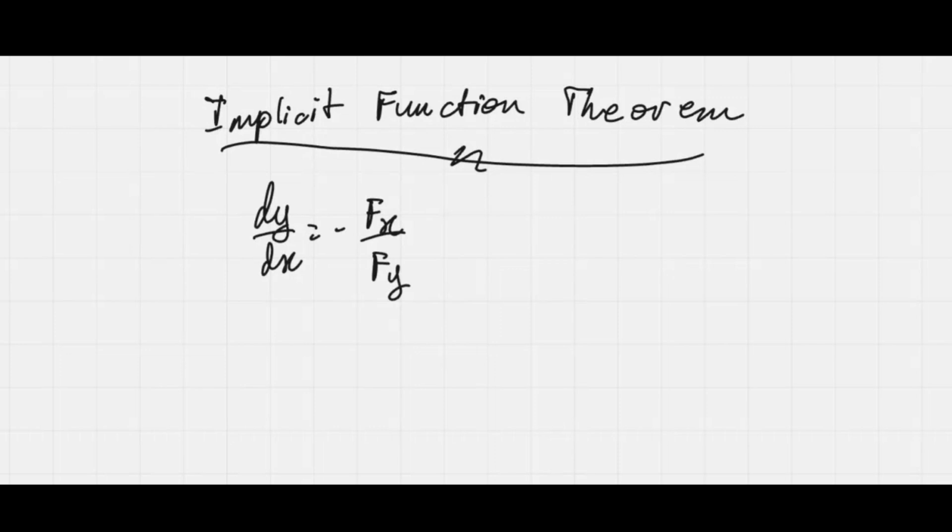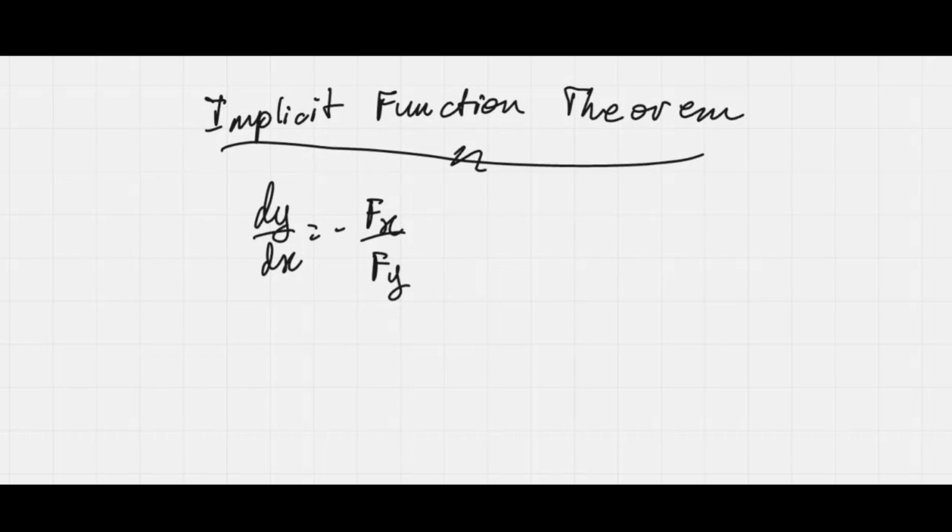This theorem is going to be proved later on, and it's more of an advanced topic that's not really discussed in Calc 3 at all. But we can certainly use it for implicit differentiation. And actually, we can do this for any number of functions and with any number of variables.